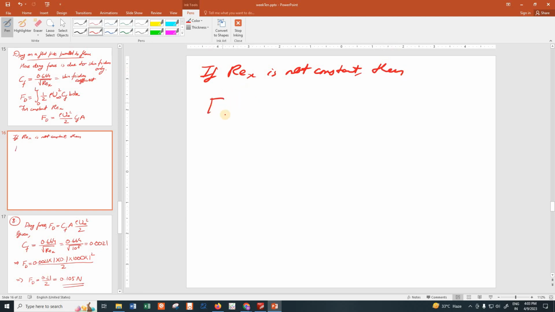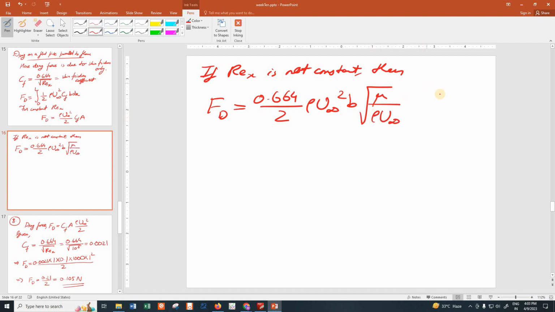So if the Reynolds number is not constant, then the drag force is equal to u infinity B times the square root of mu rho u infinity, integral from 0 to L of dx by square root of x.